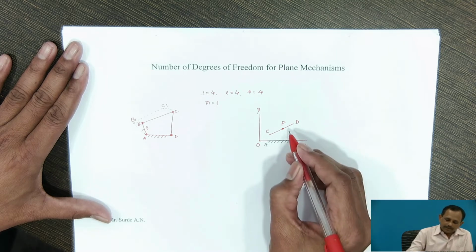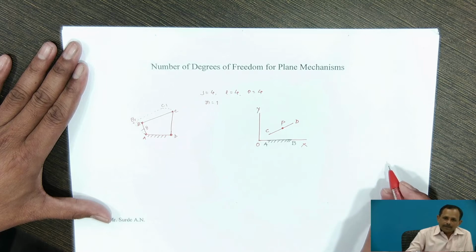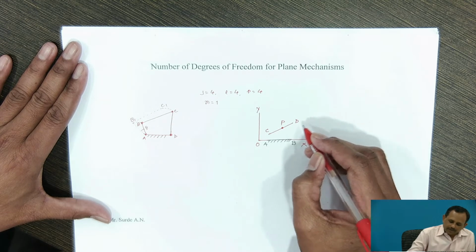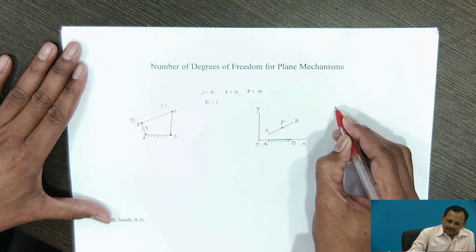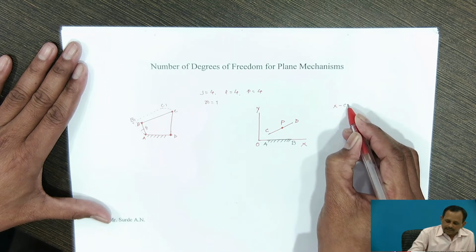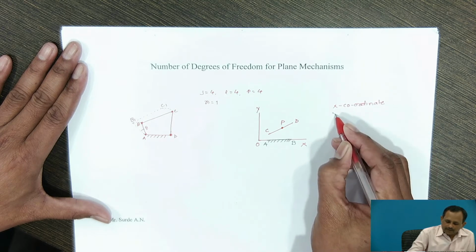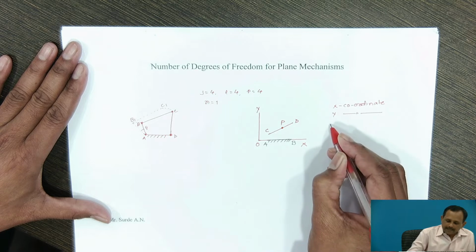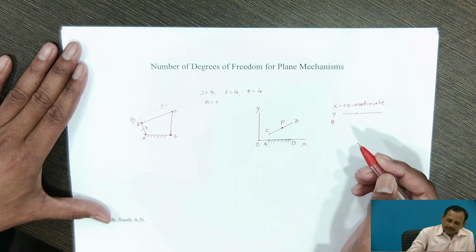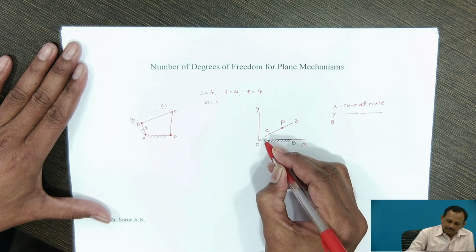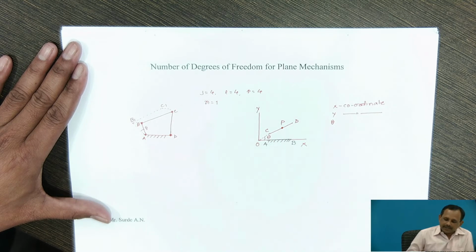The position of point P on link CD can be determined by the x coordinate, the y coordinate, and the angle of inclination of link CD with AB, that is theta.